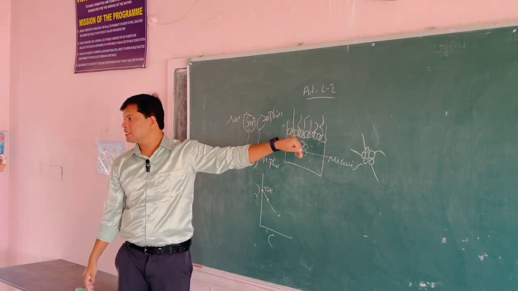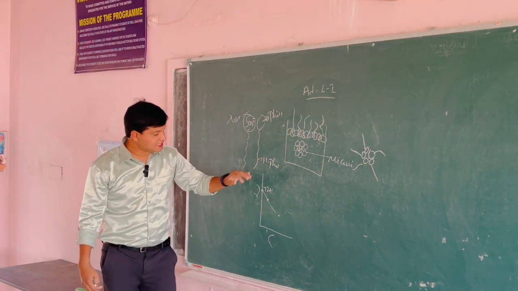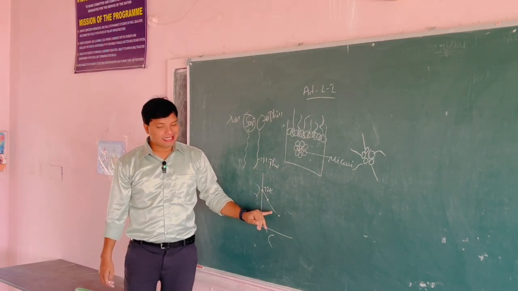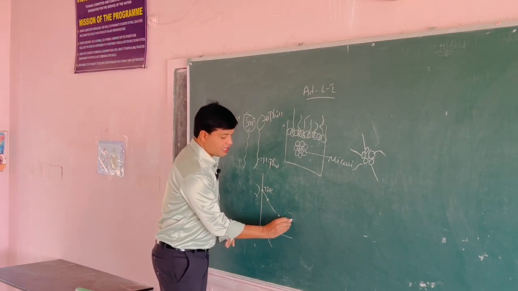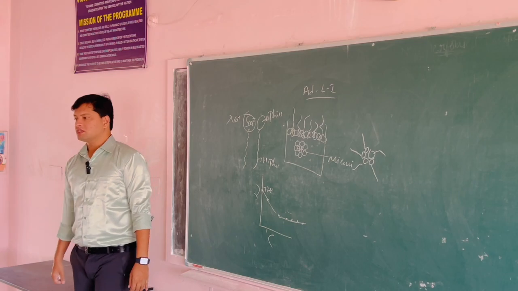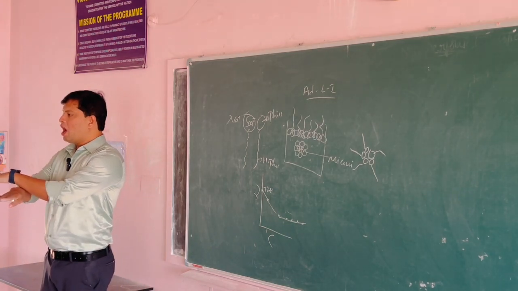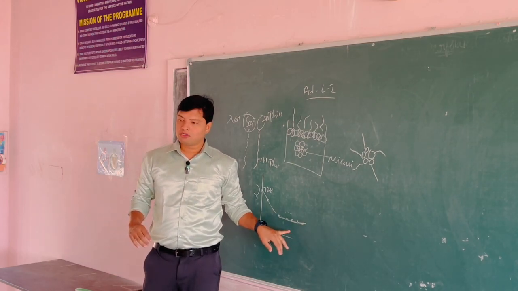That is the reason initially you get a decrease in surface tension. After a particular concentration, even though you increase the concentration, surface tension will remain almost constant.